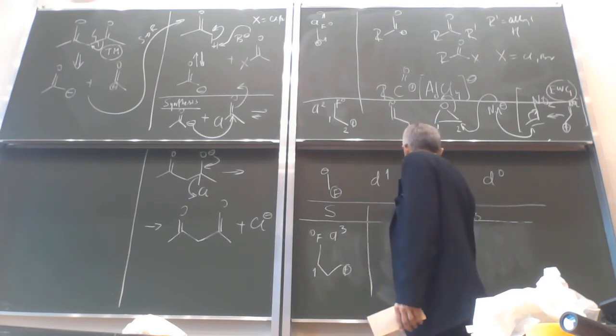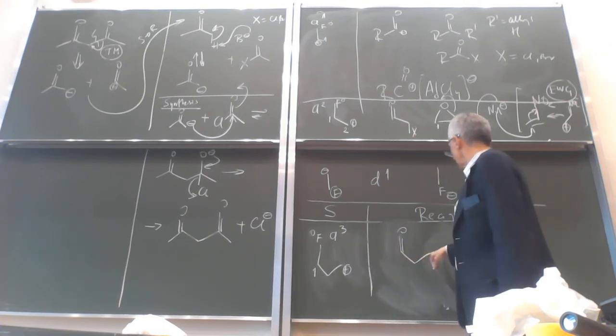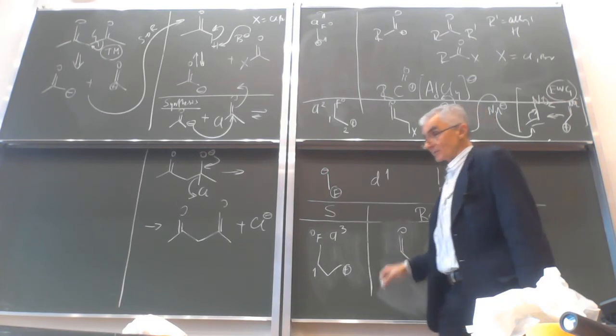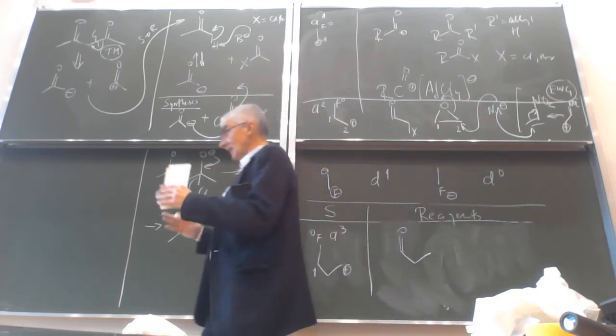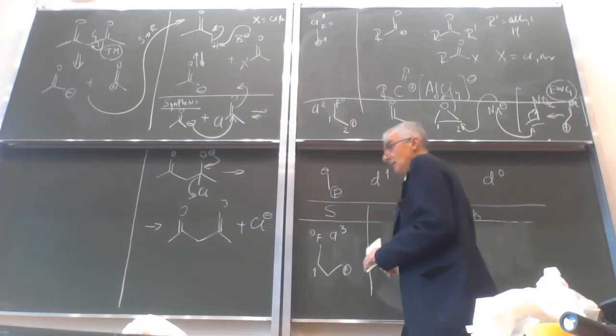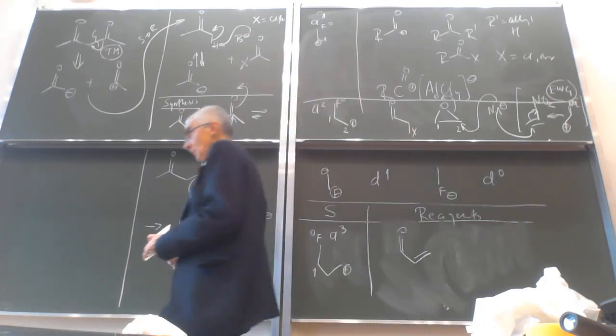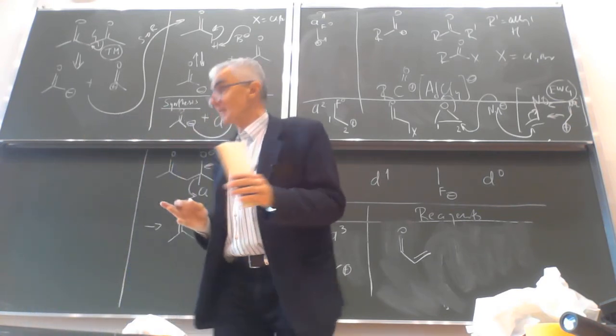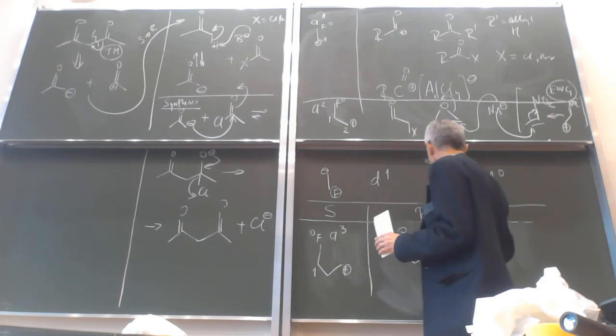And if we draw something like that, we can see that at the third carbon atom and the first carbon atom does not have any connection. However, if we install here a double bond between these two carbon atoms, we obtain a conjugation between these atoms.